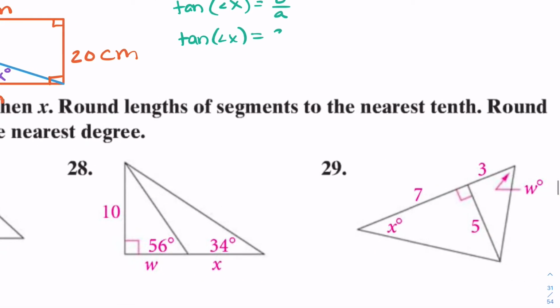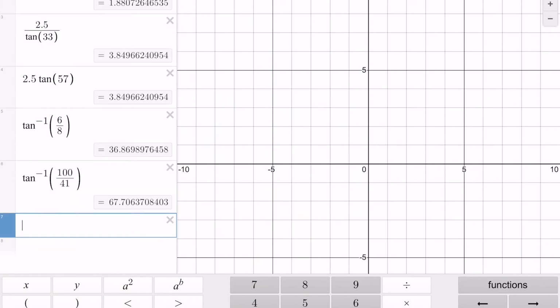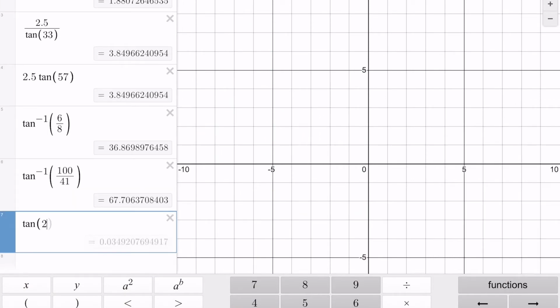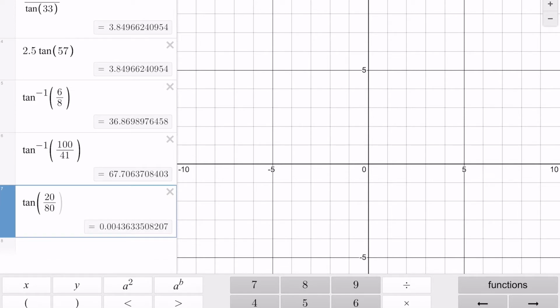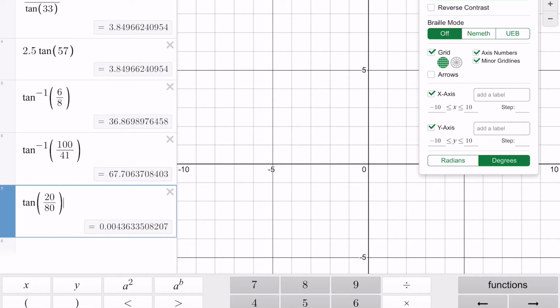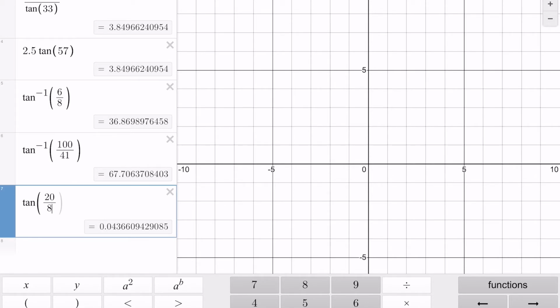So that's 20 over 80. So the inverse tan of 20 over 80 is equal to the measure of angle X. So now I'm going to do the measure of angle X, the inverse tangent of 20 over 80, tangent inverse, not tangent.